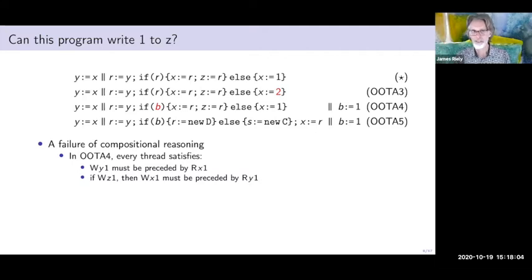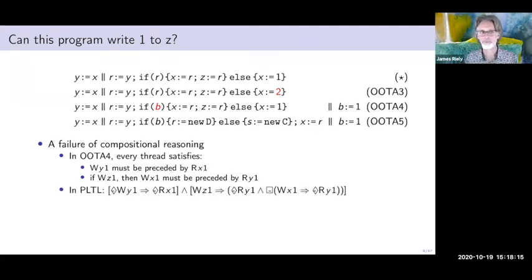So that's a perfectly sensible invariant. Each side satisfies it, but in these existentially based models, the whole program does not. It turns out that these things fail. We can write this in past-time temporal logic, and in the paper, we actually prove this property for UDA4. But the point here is that the whole program should satisfy this formula if each individual thread satisfies this formula. This is the basic hallmark of compositional reasoning.